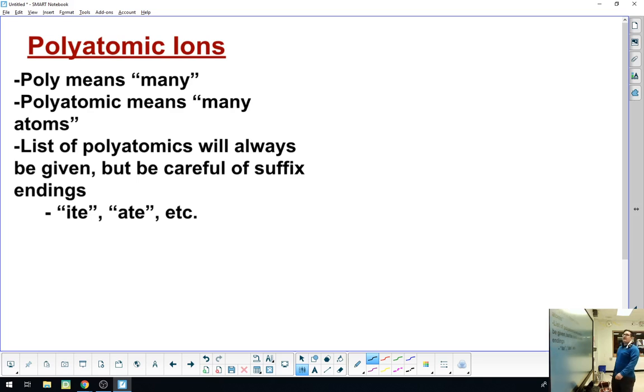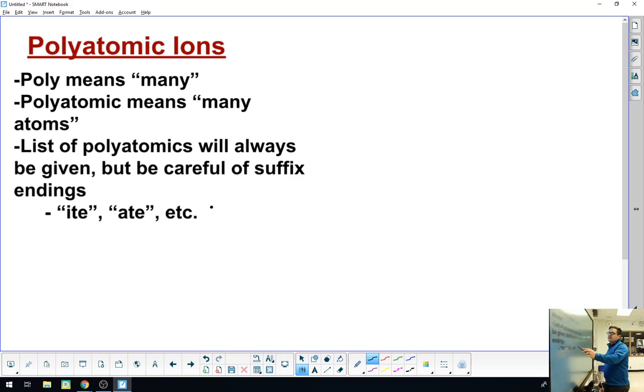Okay, polyatomic ions. Poly means many, so polyatomic means many atoms. When it comes to ionic and covalent bonds, as a reminder from last week, anytime you see IDE, that typically means one element.